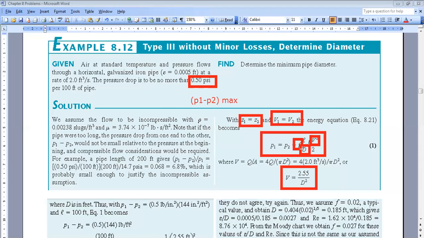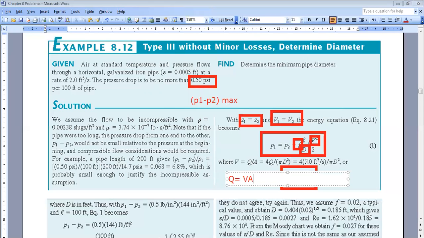So as a first step, to relate V and D, which relation can I use? I can use the volumetric flow rate. As I told you, always think first of the energy equation, then think of using the volumetric flow rate equation. So Q is V times A, since I can treat my flow as incompressible.